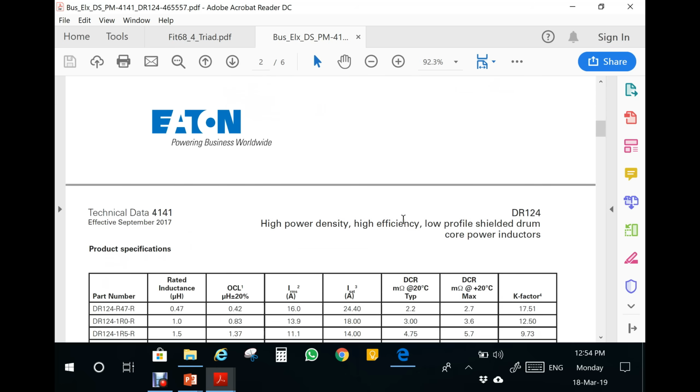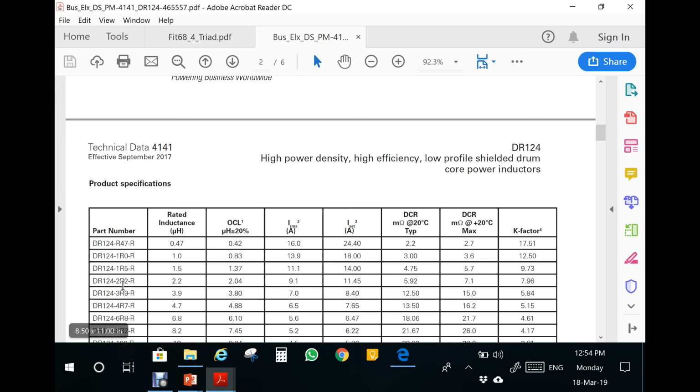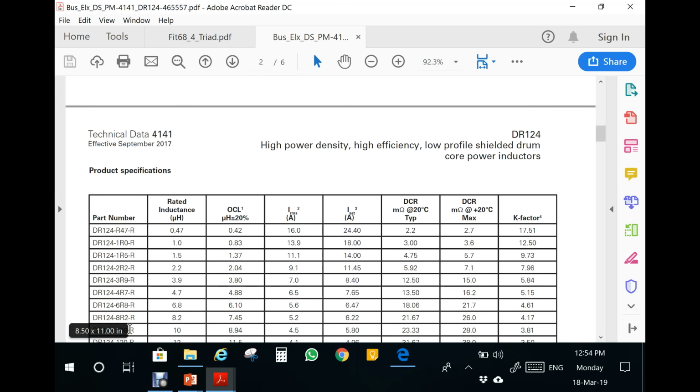And then they have a table, there are different models here for different inductances, and what they give is the rated inductance, open circuit inductance, I RMS, this is the intended RMS, I saturation, an arbitrary point at which the unit is already saturated, DCR, DC resistance, and also very nicely DCR at plus 20 degrees.